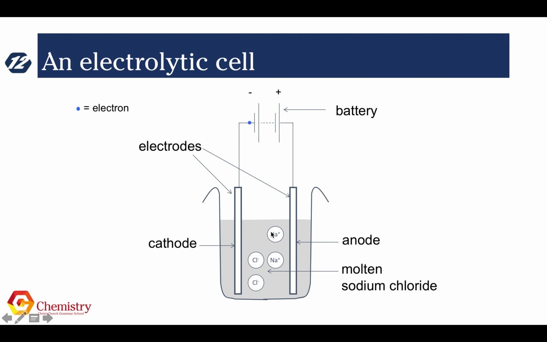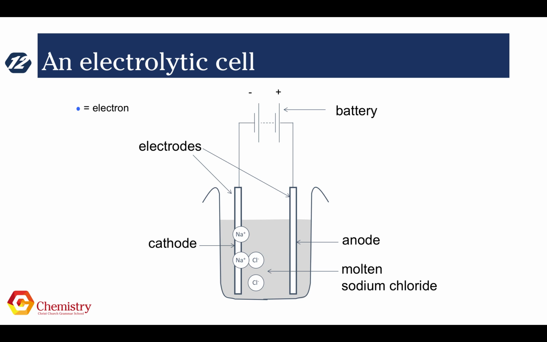Now I think this is animated, so we'll go through this and we'll see what happens. The battery is going to supply an electron. That electron is going to move down into the cathode, and what's going to happen is it's going to attract positive ions towards it, because the cathode in an electrolytic cell is electron rich.